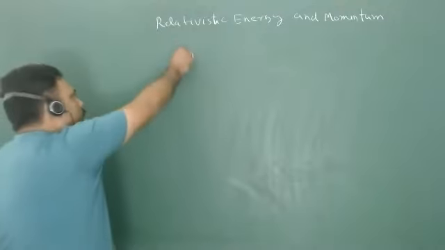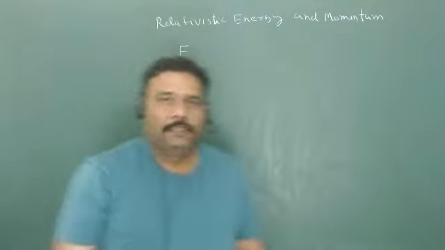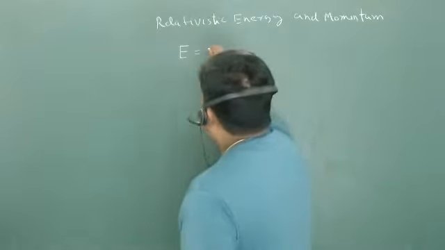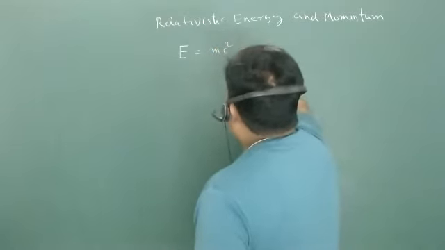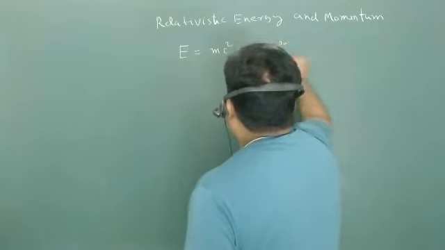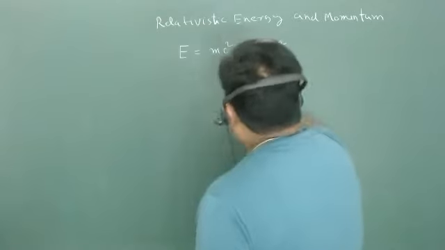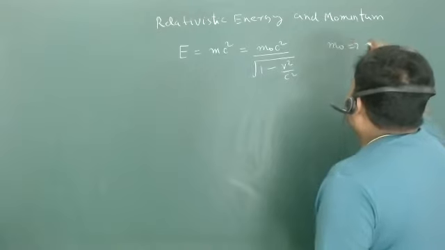One is relativistic energy, also identified as total energy, which is equal to mc square, and that can be written as m naught c square over the square root of 1 minus v square upon c square, where m naught is the rest mass of a particle.